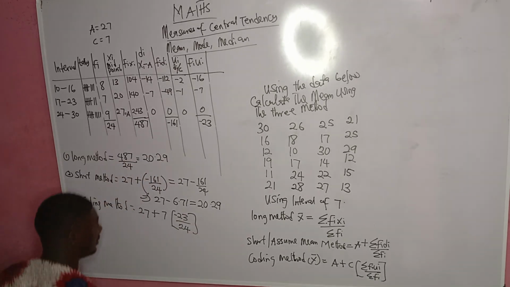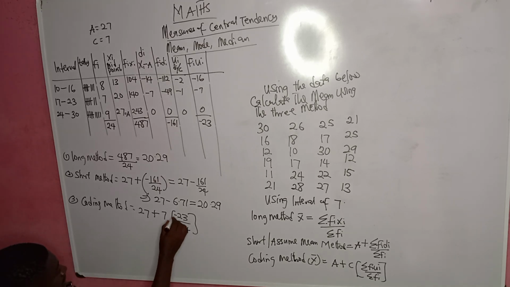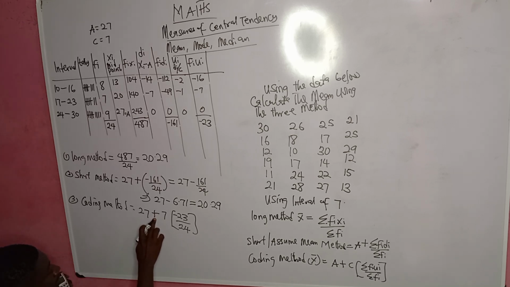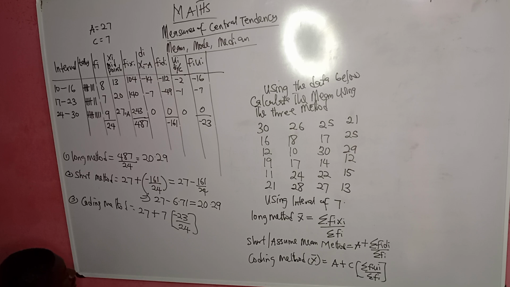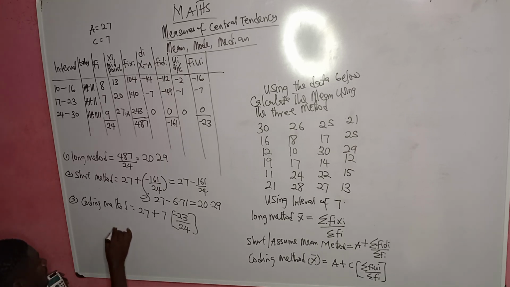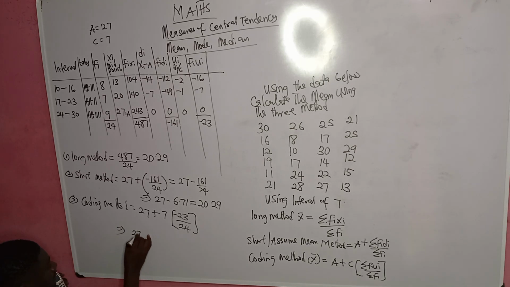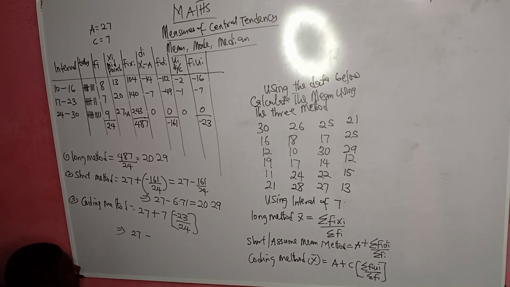Now, because of this negative that this 23 carries, it will change this plus here, because you know that plus times minus will always give us a minus. So this implies 27 minus, so see the way you are going to do it. Plus times minus is minus, okay?